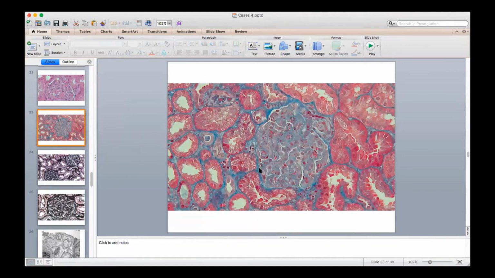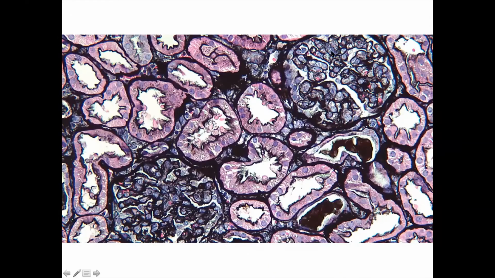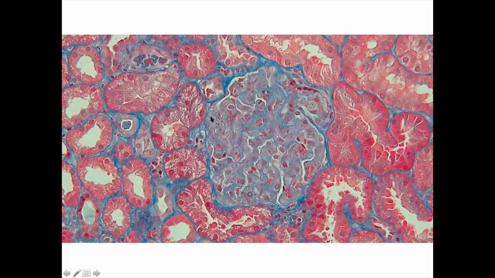But basically, you can see that there is something breaking down over here. Can I zoom in? I don't know. You can see things kind of watery over here. So things are breaking down over here.